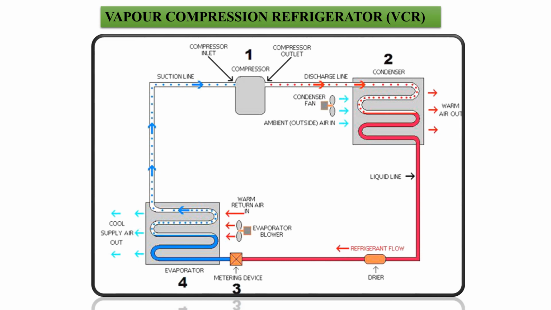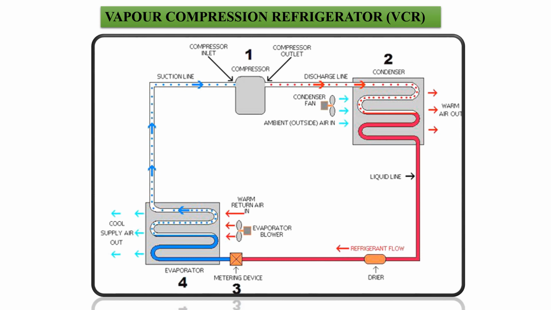The refrigerant then flows through a metering device or expansion valve, where the pressure is completely reduced to a low pressure and the temperature is also reduced. The low temperature, low pressure liquid refrigerant flows to the evaporator, where heat is absorbed with the help of the refrigerant and it changes phase from liquid to vapor at constant pressure, with a little increase in temperature.